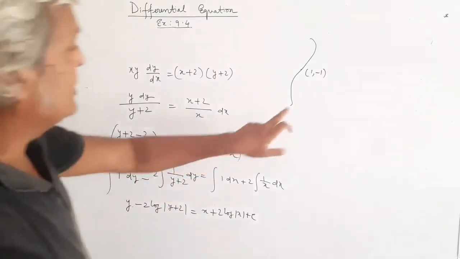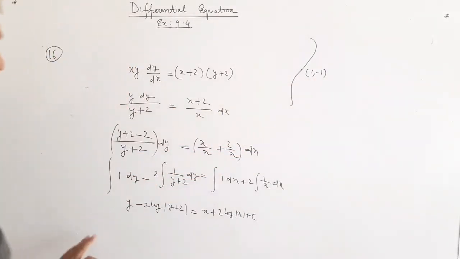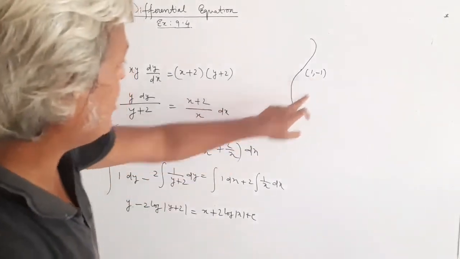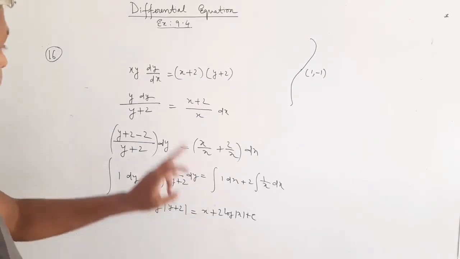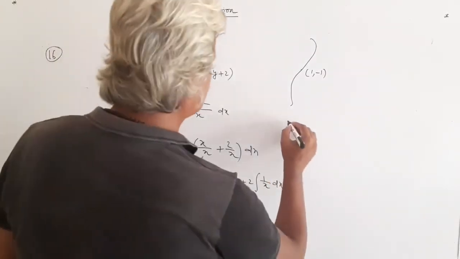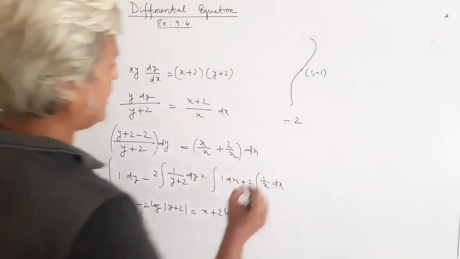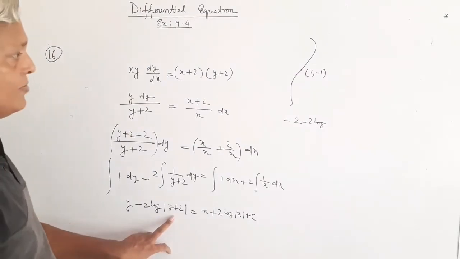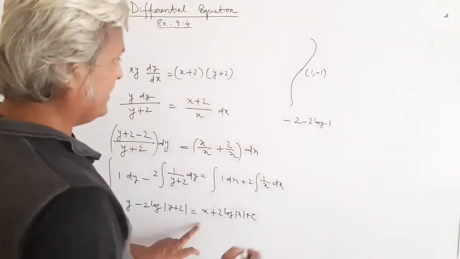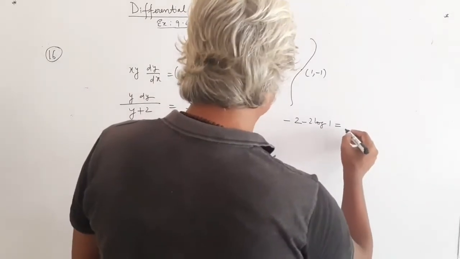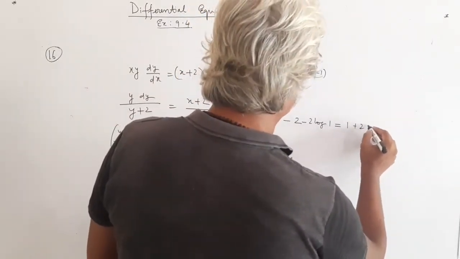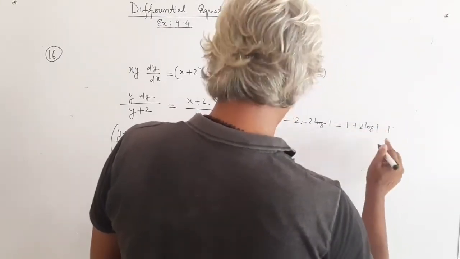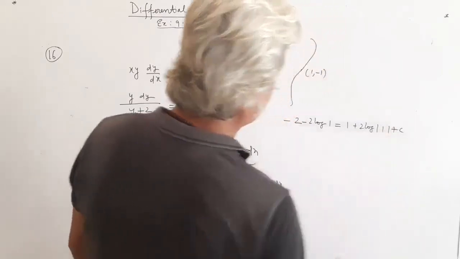And here I have to let this curve pass through (1, -1), meaning at the place of y I write -1 and at the place of x I'll write 1. So what does this become? This becomes -1 minus 2 log (y plus 2), that is -1 plus 2 is 1, equals x, that is 1, plus 2 log x, that is 1, plus c.